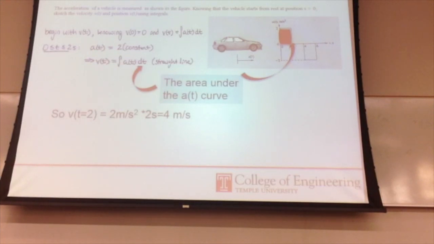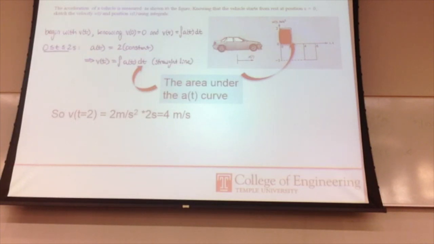Now this is assuming that the velocity at time t equals 0 is 0, and we're told that the vehicle starts from rest. If this problem said that the vehicle starts from 65 miles an hour and accelerates for 2 seconds to pass a truck, then this velocity is going to have to be added to the initial velocity.